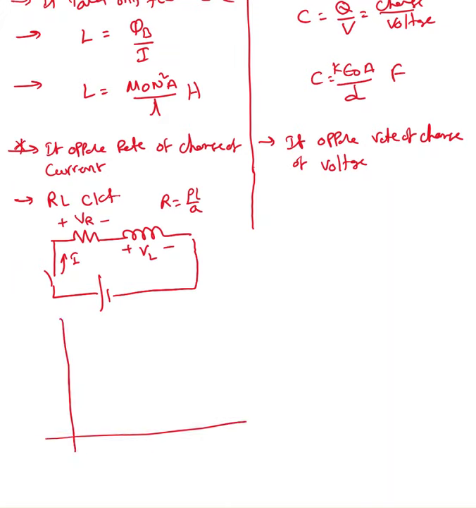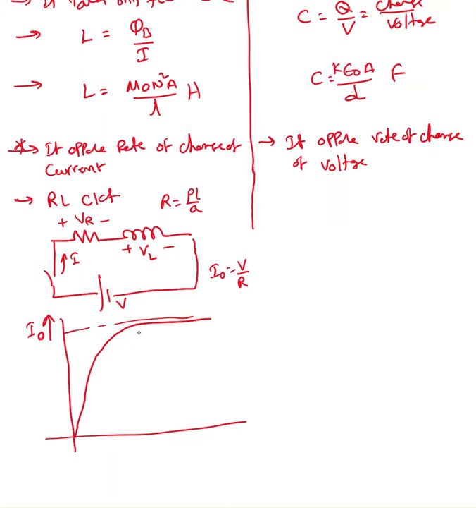So the current, once I close the switch, will take some time to charge. It will start slowly. Once it is fully energized, it will act like a short circuit. So here is my current, and that's I naught. I naught is the maximum value, where I naught equals V over R. Here V is the supply voltage.